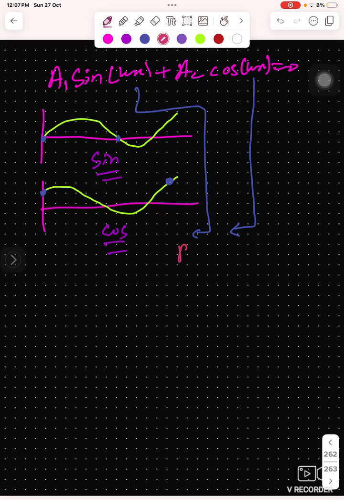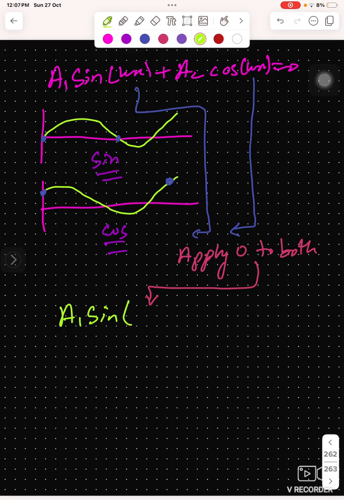When we apply 0 to both, you will notice what we get: a1 sine kx, we don't need that x, because we are talking about the x-axis.